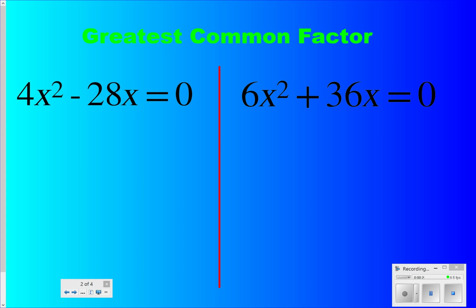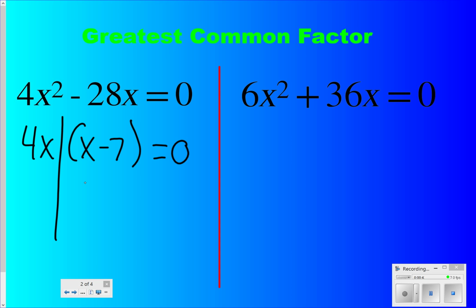The first way you're going to want to try to solve quadratic equations is by finding the greatest common factor. In this first example, the greatest common factor is 4x, open the parentheses, and you're going to have x minus 7, close them, and then equals 0. Then you're going to split the factors: 4x equals 0, and x minus 7 equals 0.